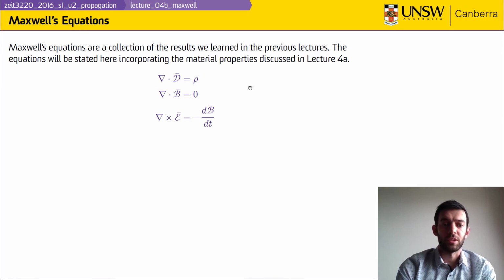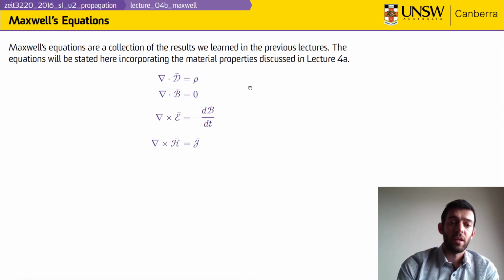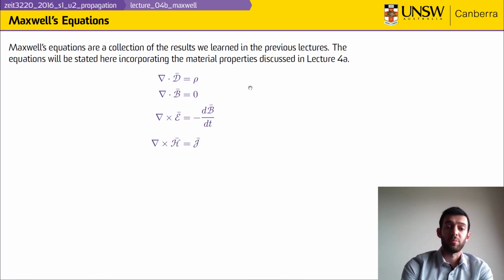The third Maxwell's equation is a restatement of Faraday's law, where it says that a changing magnetic field can give a rotating electric field. The fourth equation is that of Ampere's law, which relates the current to the magnetic field rotation.